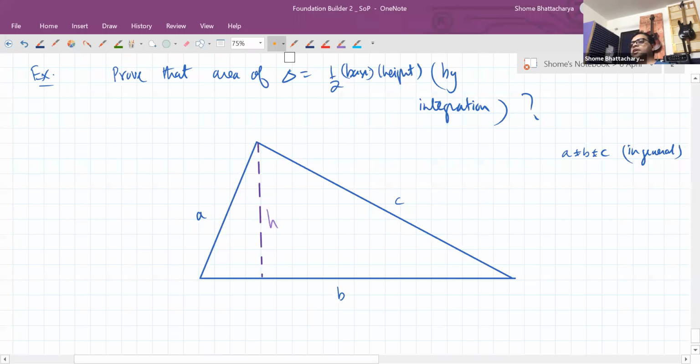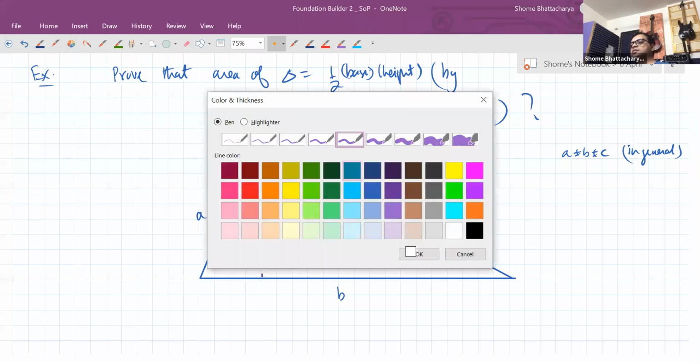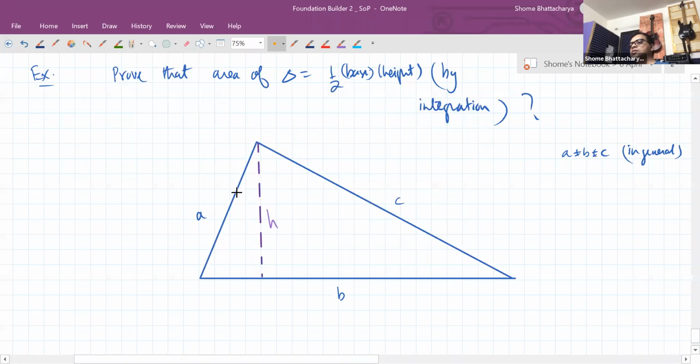So now, to find the area of this triangle, we will cut a horizontal strip, such that the thickness of this strip is dy, and this length from here to here is y, whereas this length from here to here is x.